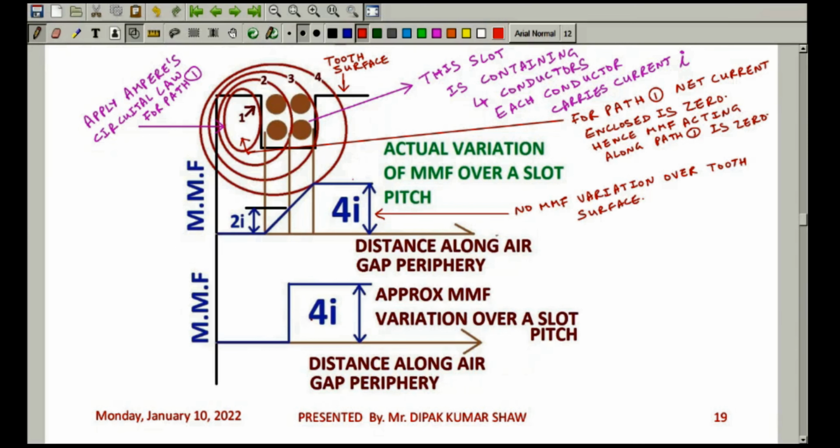So you can see the change in M.M.F over a slot is indicated at the middle of the slot.